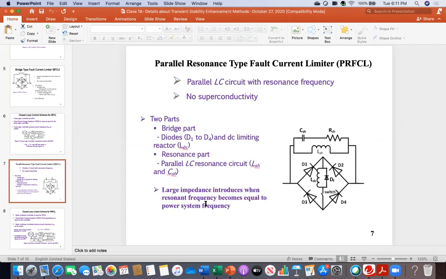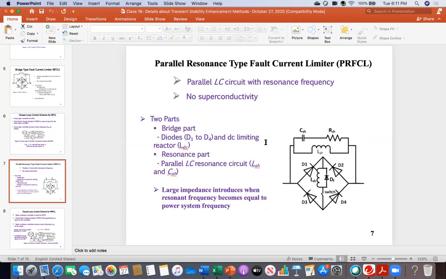I think I have written it here: large impedance is introduced when the resonant frequency becomes equal to the power system frequency. At that frequency, they will exhibit a high value of impedance. From the circuit standpoint, you know what parallel resonance and series resonance are, exactly the concept of parallel resonance. They will offer high impedance, and then they will limit the fault current.